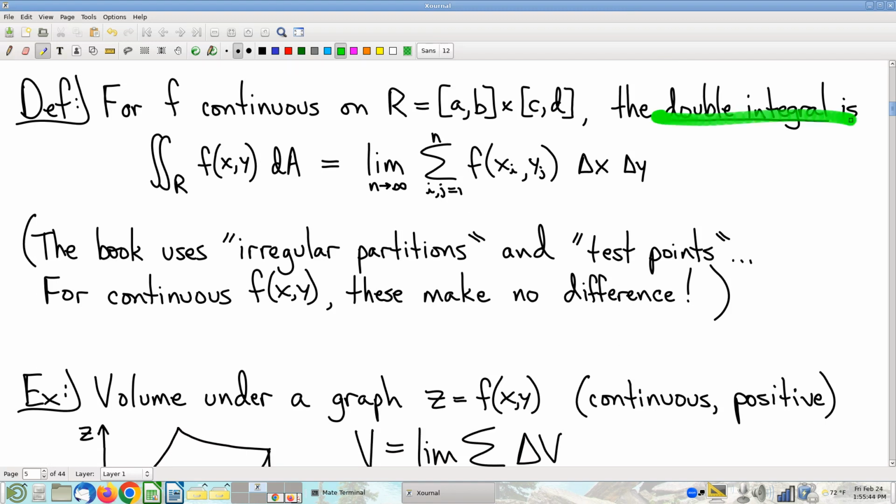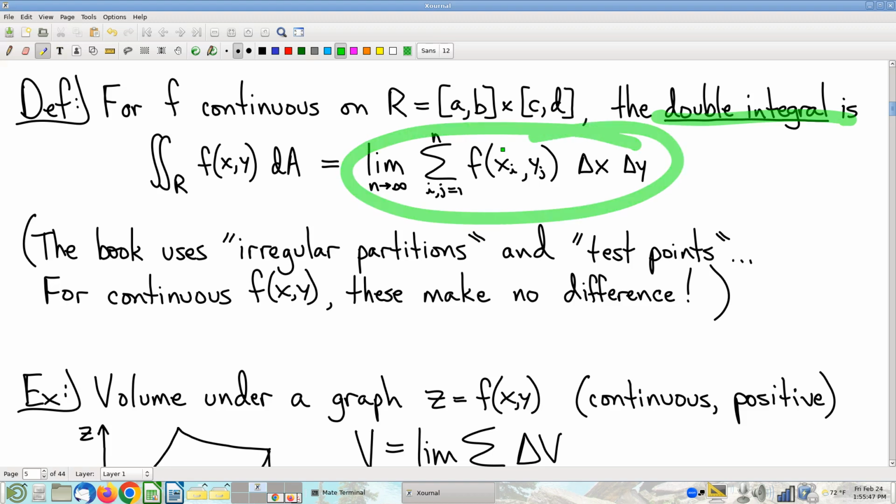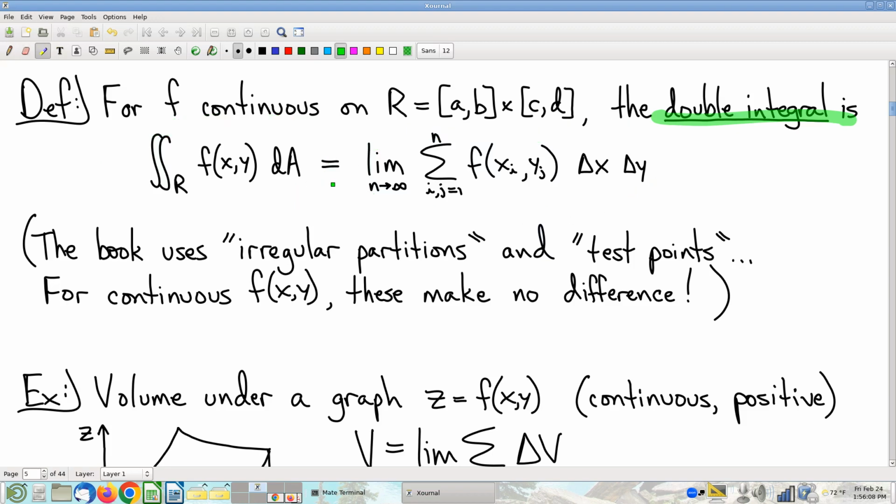This is called a double integral. This expression right here. It's a Riemann sum. It's what you might call a two-index Riemann sum because there's both i and j varying across all these different values. And in addition to a name, we're going to give it a notation. And that's this notation over here. Notice that this is really just kind of a stand-in for that, if you will.